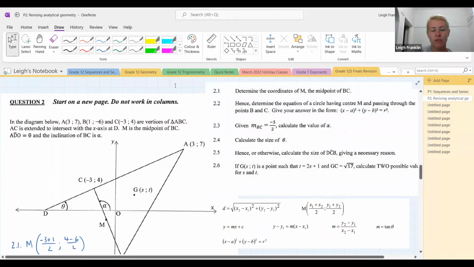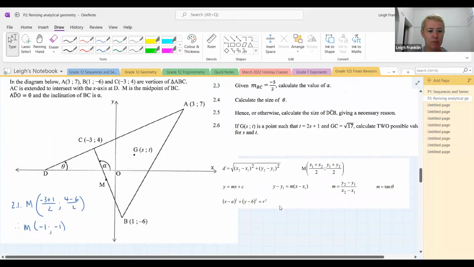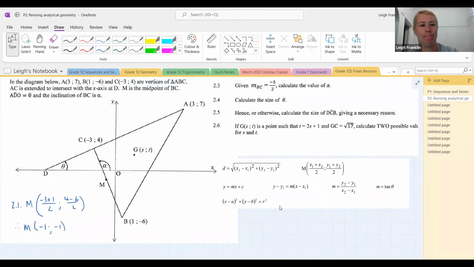All right, what's the first thing that we should do here? Let's move it down a little bit. What do you think the first thing we should do here is? Okay, so the formula for the equation of a circle, can you see there?